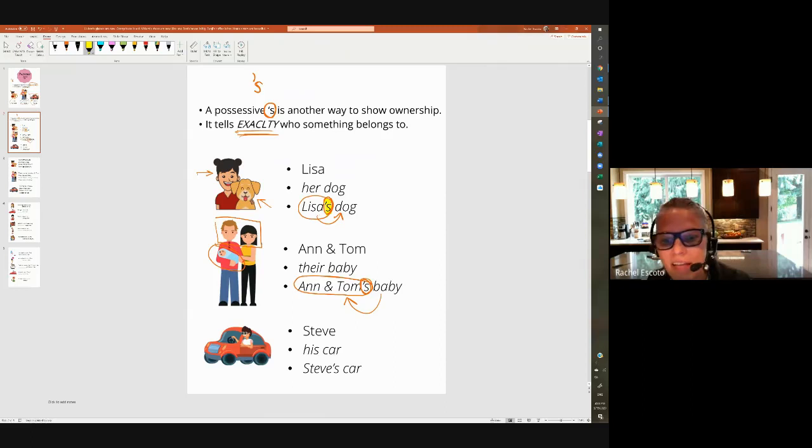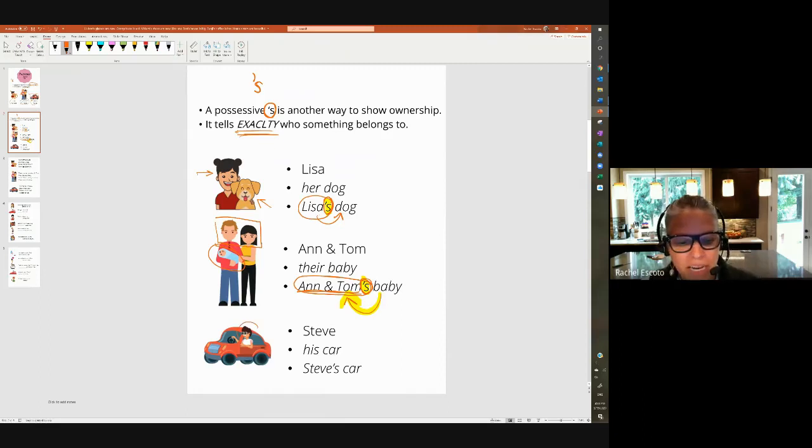That possessive S tells us that the baby belongs to Anne and Tom. It doesn't just say they, so we're not 100% sure, they could be anybody. Right now we're naming the specific people, Anne and Tom's baby.